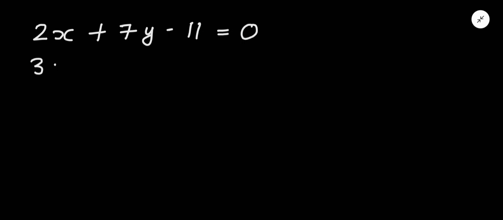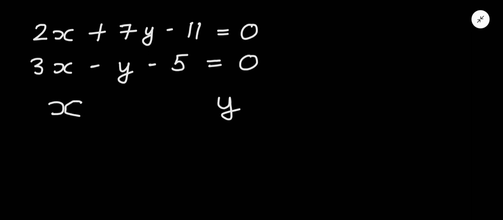Let's solve one more example, which is 2x plus 7y minus 11 is equal to 0 and 3x minus y minus 5 is equal to 0. So we will take x, y and 1. For x, we will ignore this part and we will have 7, minus 1, minus 11 and minus 5.